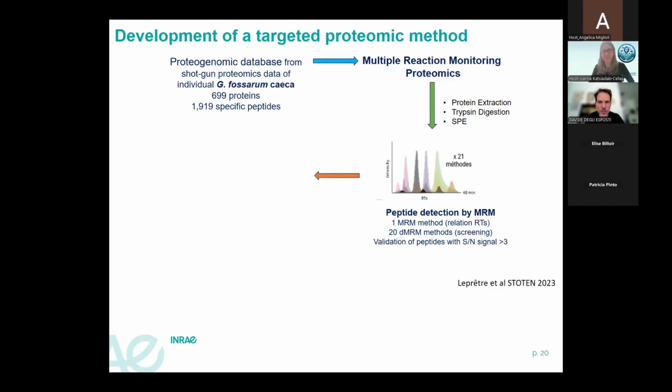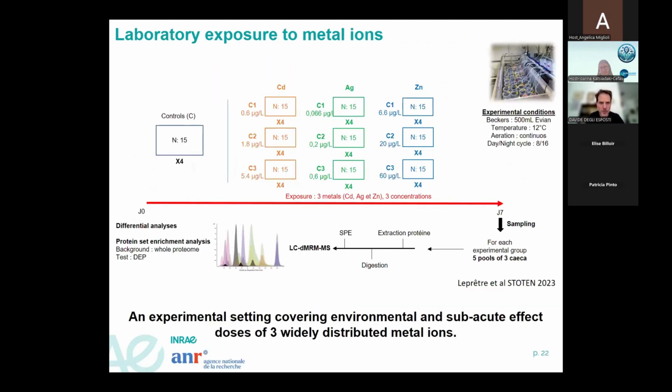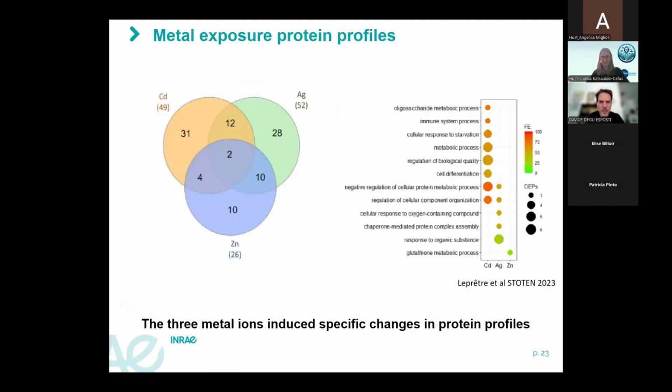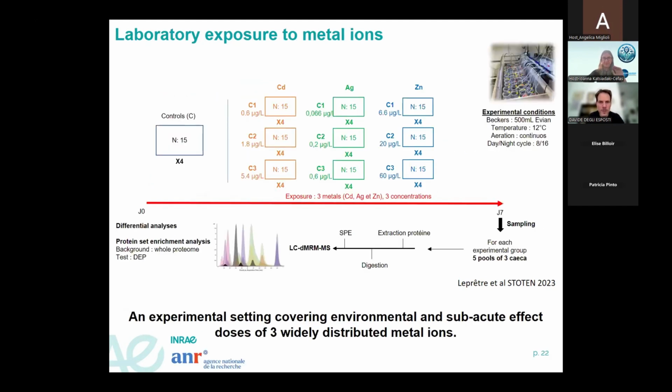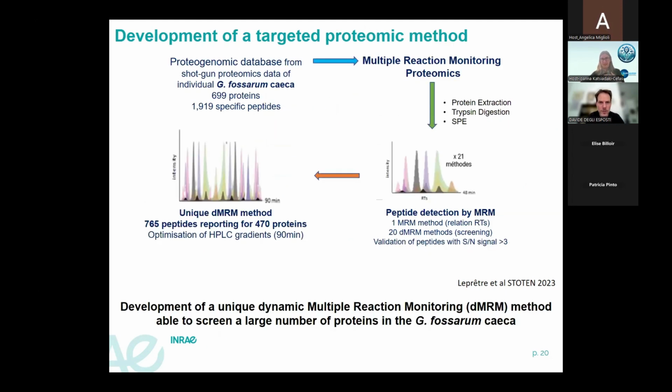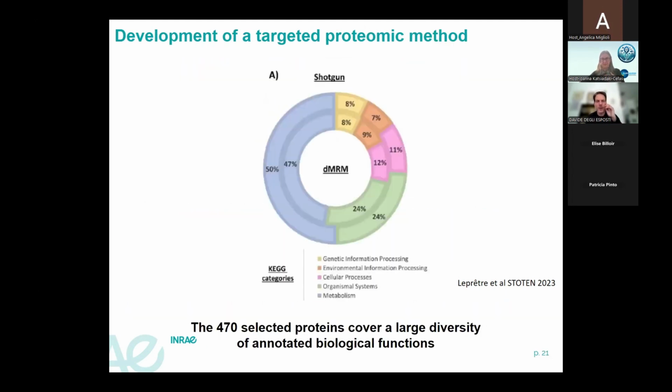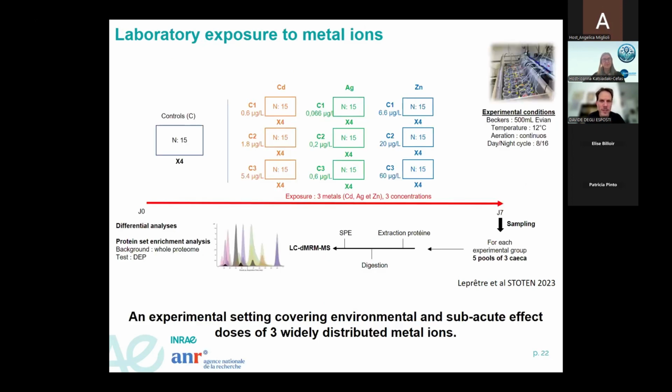So we'll go a little bit fast, but what is interesting here is, I'm sorry, I cannot, okay, is that basically this is what I would like to show you, if it works. No, okay. When we look at the shotgun and targeted proteomic approach, we can cover a large diversity of annotated biological functions just by selecting 470 proteins, so the approach is relatively unbiased.